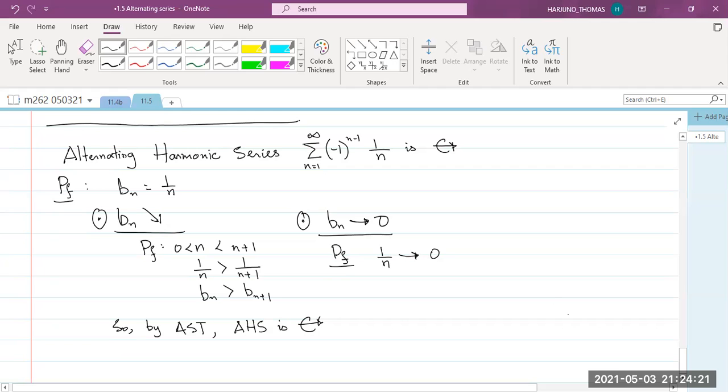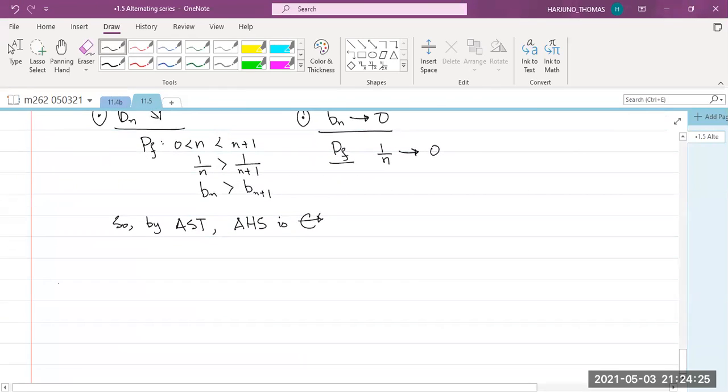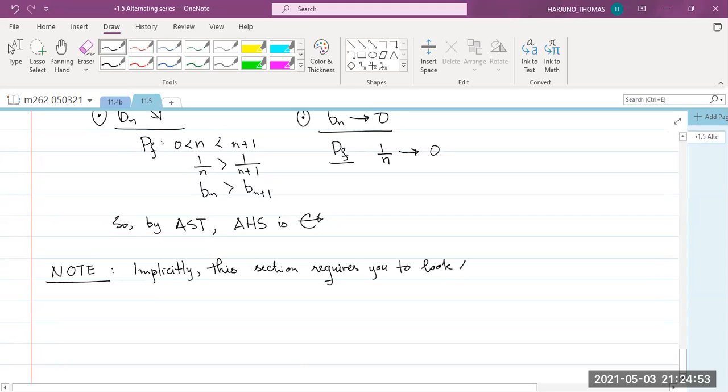Now, note that implicitly this section requires you to look back to section 11.1, where you need to show a sequence is convergent.